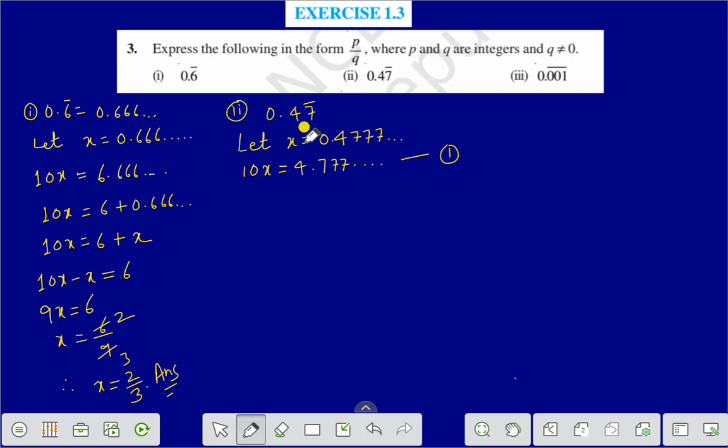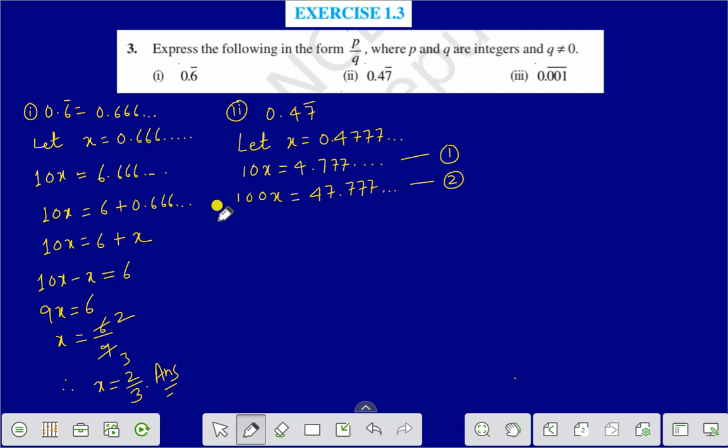Now multiplying this equation again by 10, that is multiplying the original by 100 on both sides, we are getting 100x is equal to 47.777 dot dot dot. This is equation 2.